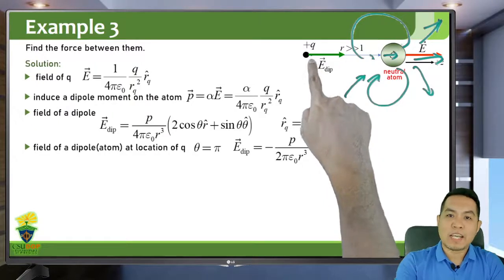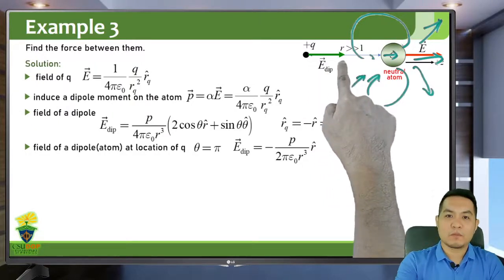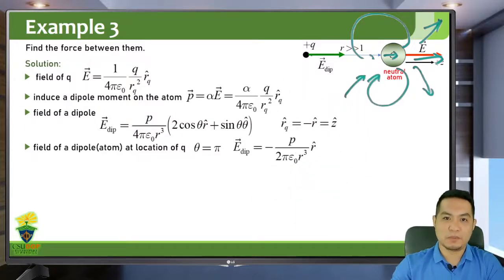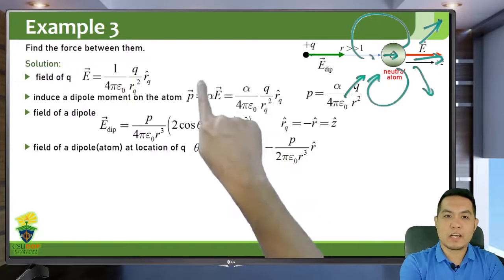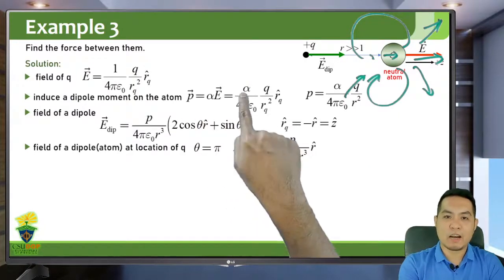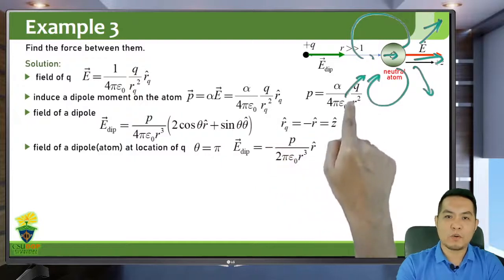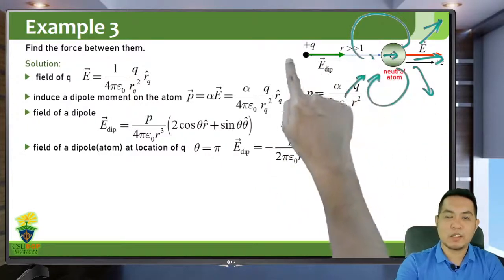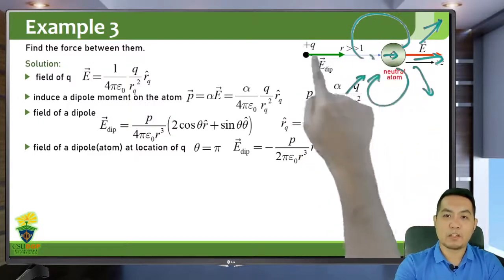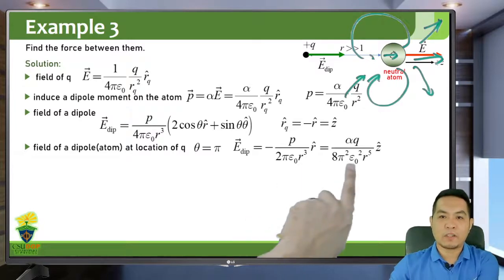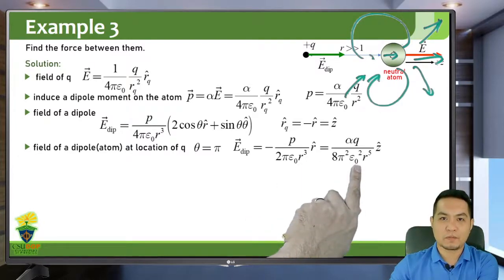So this electric field of the dipole will now exert a force on the point charge. And since we know from this equation of the induced dipole that the magnitude of p is just alpha over 4 pi epsilon naught Q over r squared, where r is the distance between the dipole and your point charge, then the electric field of the dipole is given by this equation.